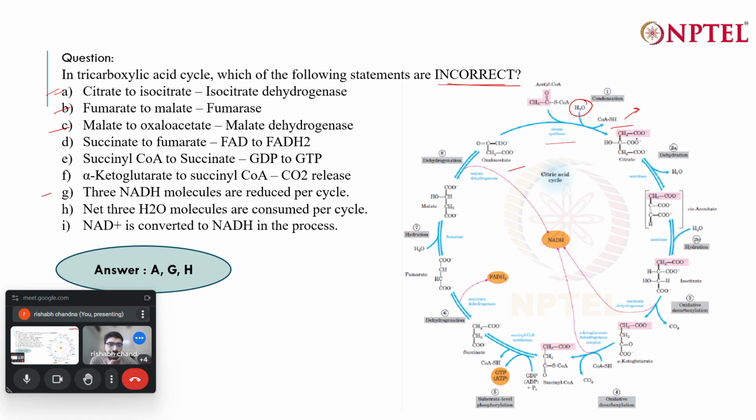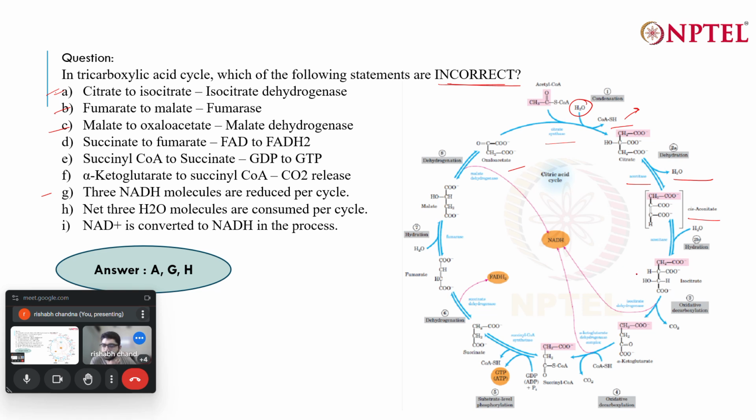Now, this citrate molecule is dehydrated. That means one molecule of water is removed, and the enzyme is aconitase, and it forms cis aconitate. And then, after adding another H2O molecule, the isocitrate is formed. Here the same enzyme is involved. So, this is basically an isomerization from citrate to isocitrate.